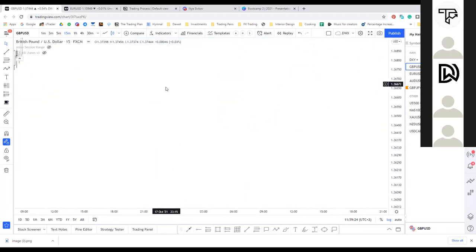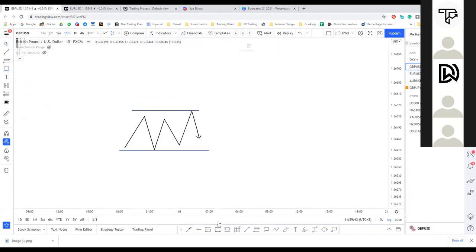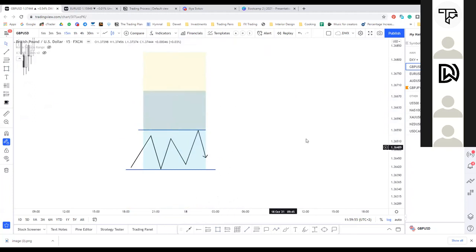Now applying the same concepts with the Asian session. If we have an Asian session that moves like this, we can look at the high and the low. We have the lows and the highs, and then we can potentially look at projecting those movements towards the upside, and towards the downside.